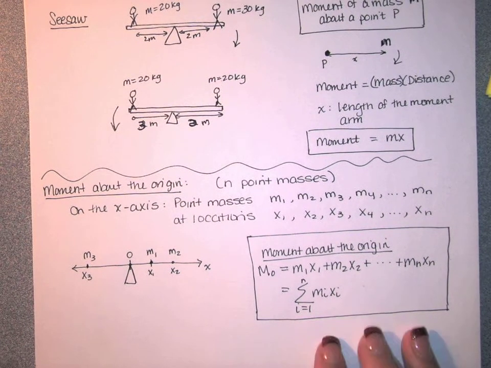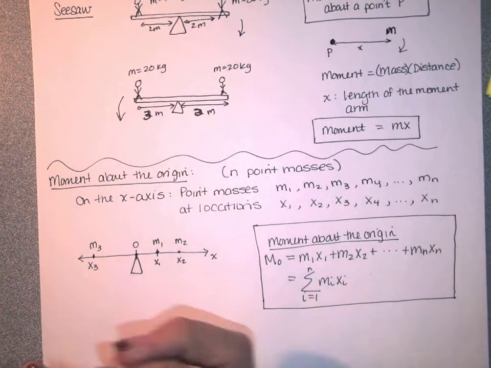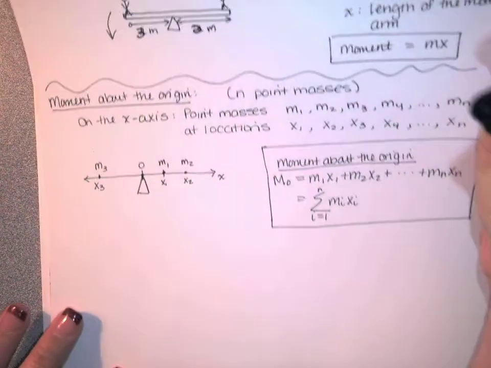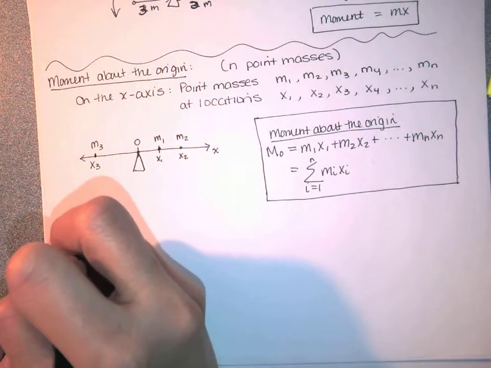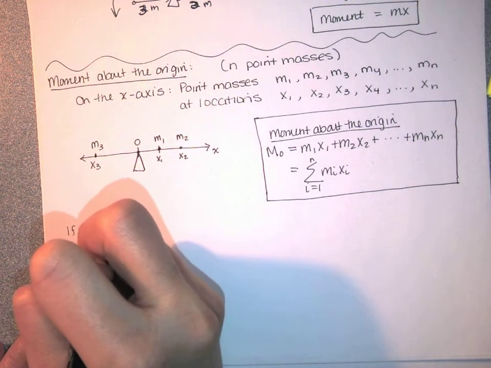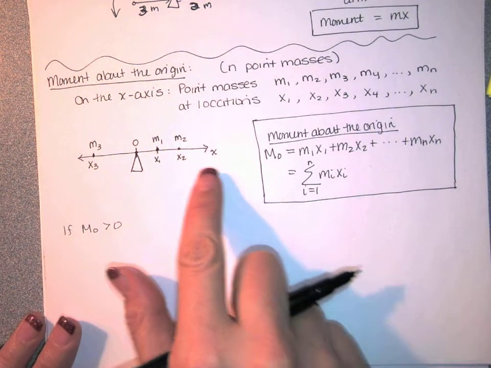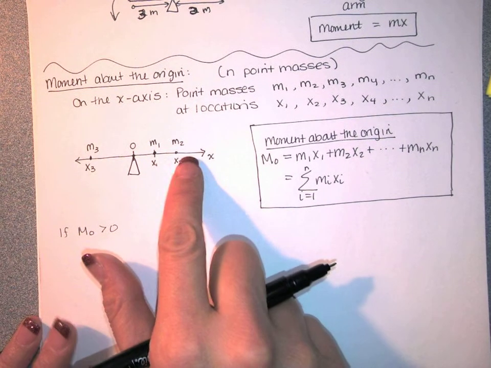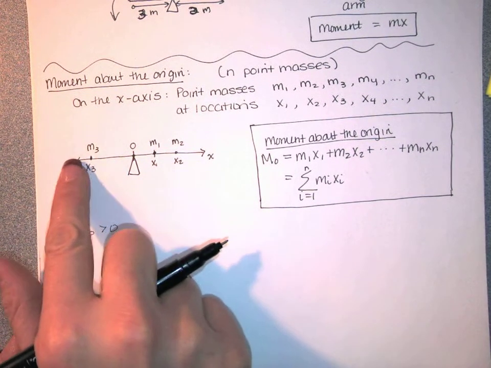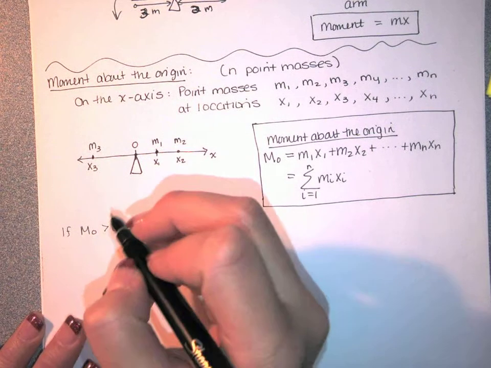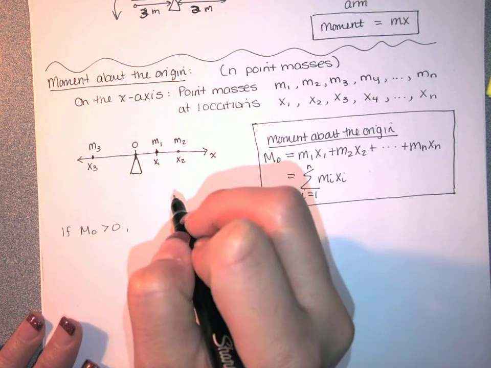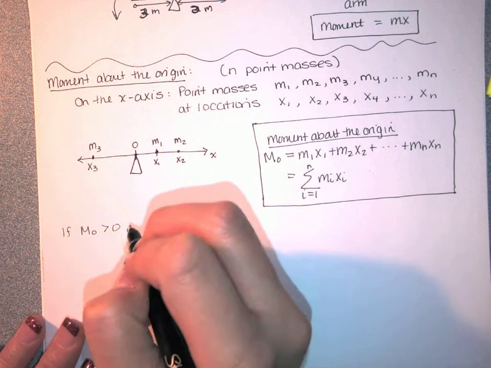Now this is going to be backwards from what you're used to in physics class. If this moment is positive, that means the sum of the moments on this side outweighs the sum of the moments on this side. The whole system is going to tend to rotate in a clockwise direction.